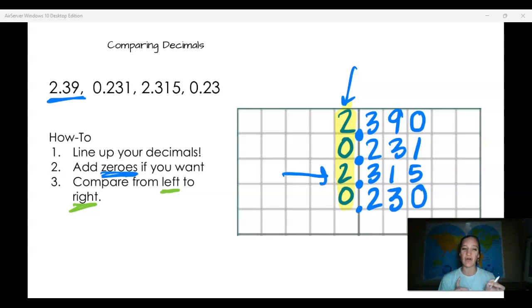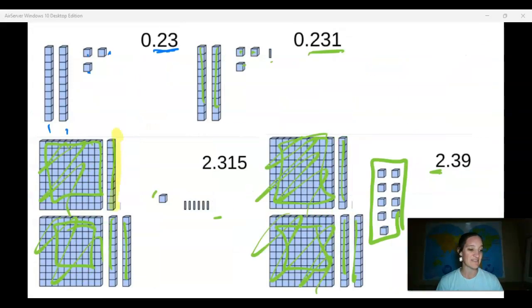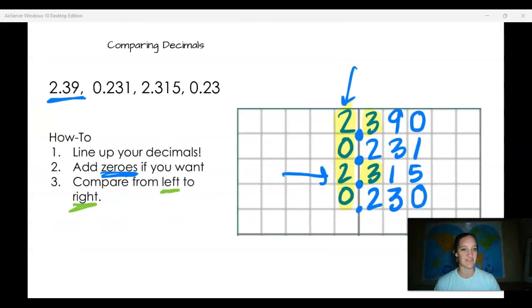But they both have 2 wholes, so let's look at the next place value, the tenths. They also both have 3/10, so they're equal in the tenths as well. That means let's compare the hundredths. That's 9/100, and that's only 1/100.